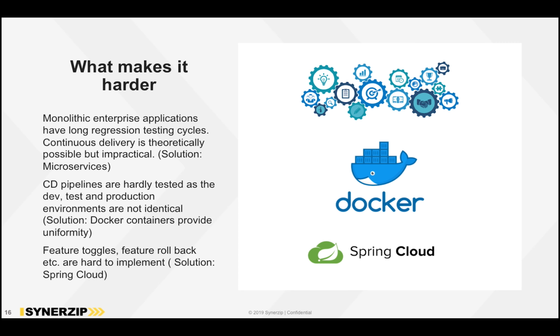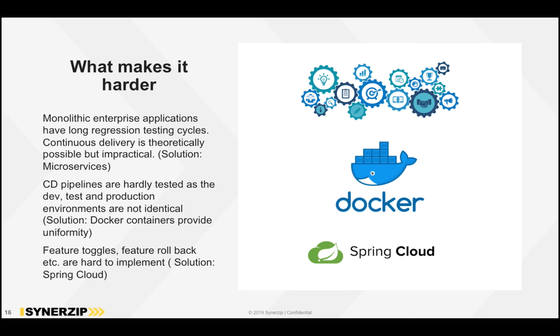If it was the same pipeline that you had used for all three environments, by the time your application reached production, you would have used it many times over in development and test, but that's not what is happening here. When it reaches production, it is the first time that this new set of features and new set of artifacts are being pushed into production using a pipeline which is never tested. So that is the risk that we have, and that's what makes it harder.